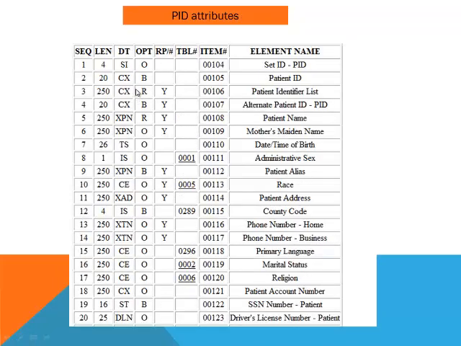Also, you see we have different data types for different fields and different names for different fields. This column just describes the content of the fields.